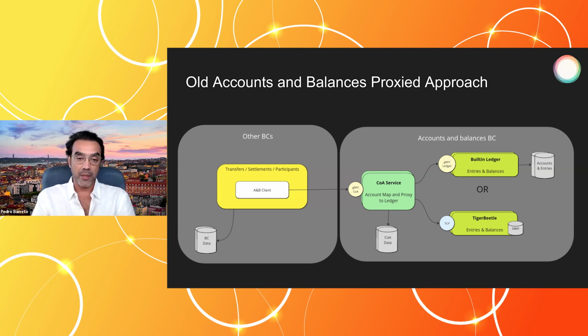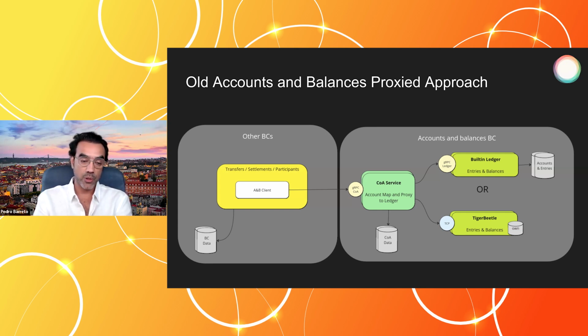And the previous approach that we used was this proxied approach, which means that we have the COA in the middle as a service, and the clients that transfers, settlements, or participants used would always talk to the COA, and then the COA would do the transformation of the request, would do the mapping, and the COA knows which of the ledgers to use.